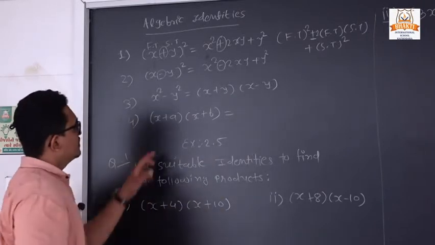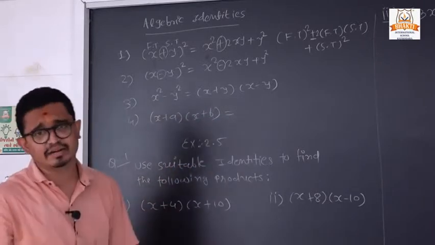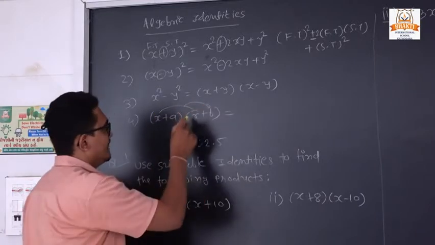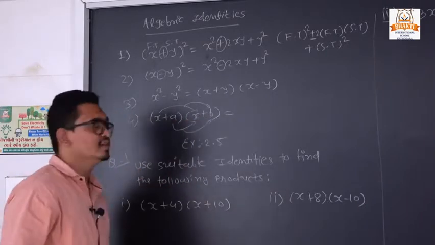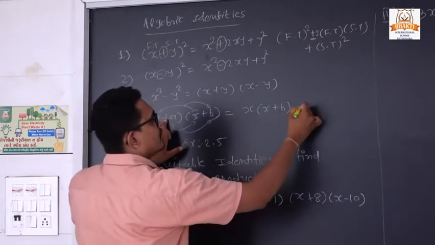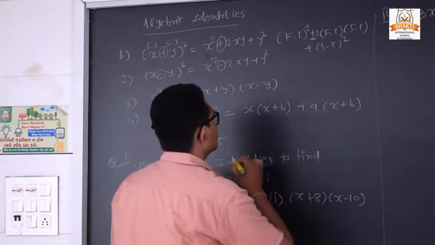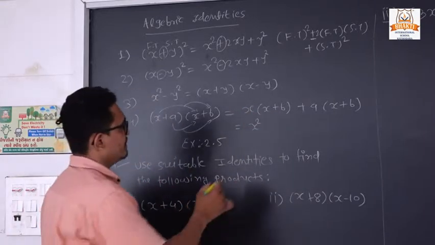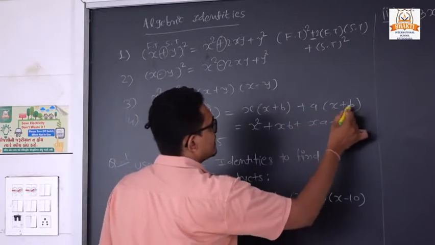Then the next: (x plus a) and (x plus b). Here we can simply expand the bracket. x is multiplied with both x as well as b. Similarly, a is also multiplied with both. So we write x into (x plus b), then plus a into (x plus b). Expanding, x into x is x square, then xb plus xa plus a into b.